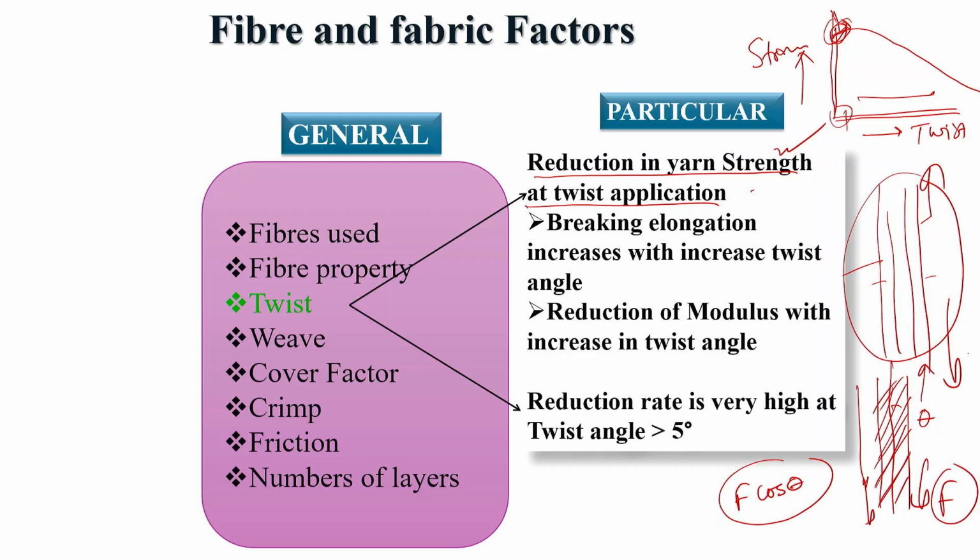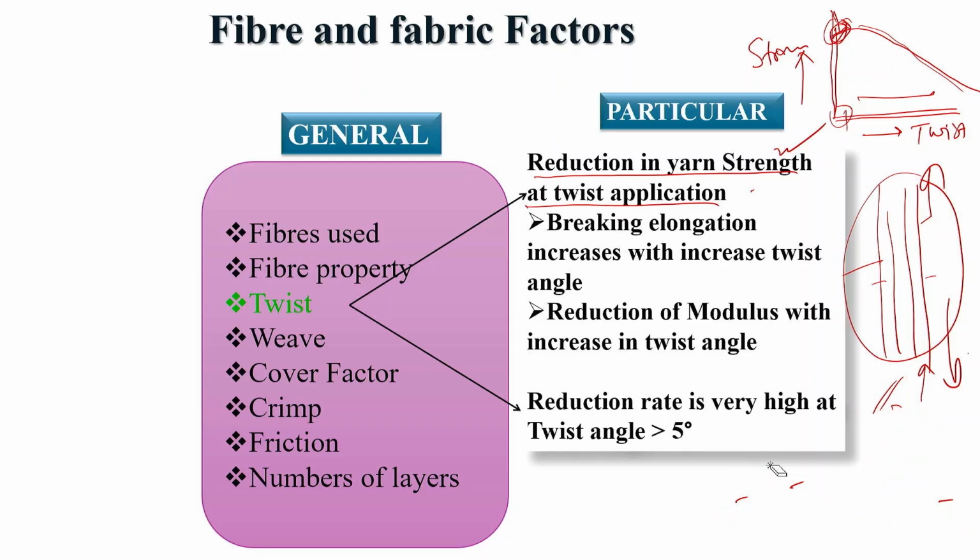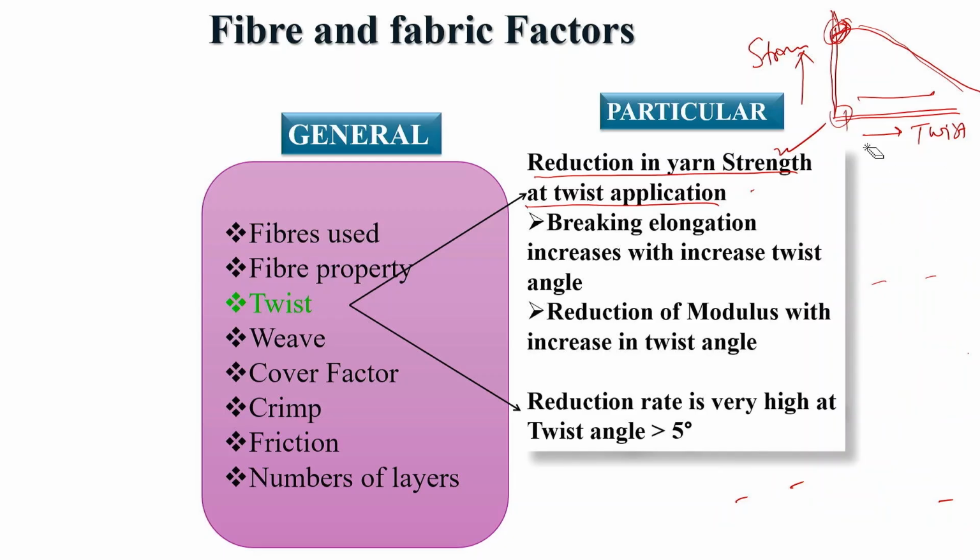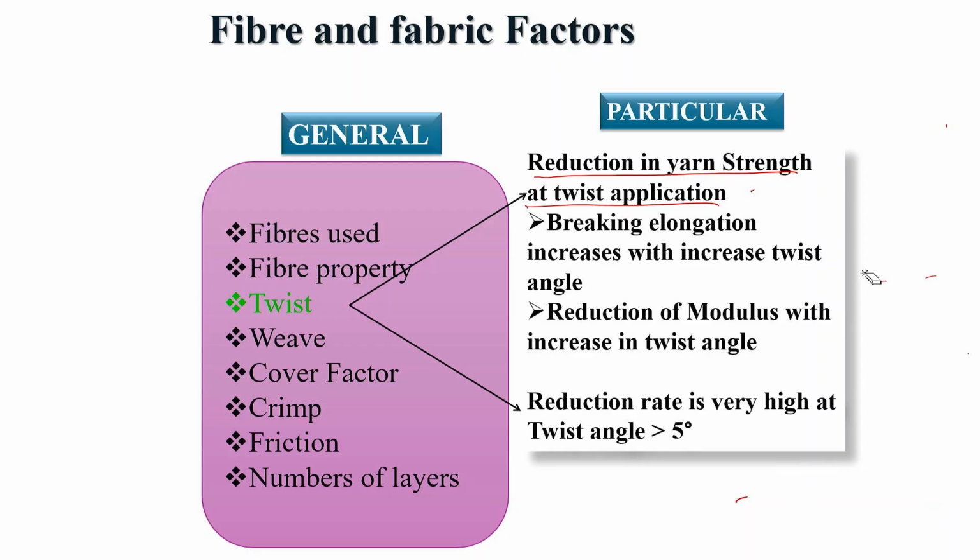If we keep on increasing the twist angle theta, the fibers' contribution will keep on reducing, which will effectively reduce the yarn strength. That is why yarn strength reduces with the increase in twist level. So, we should not have a higher twist level. We require a very low level of twist just to hold the individual filaments, that is the idea.